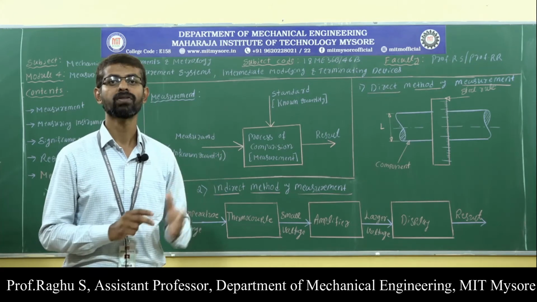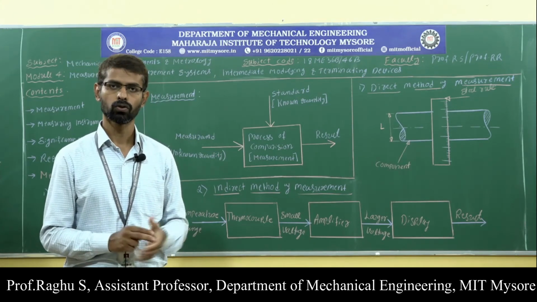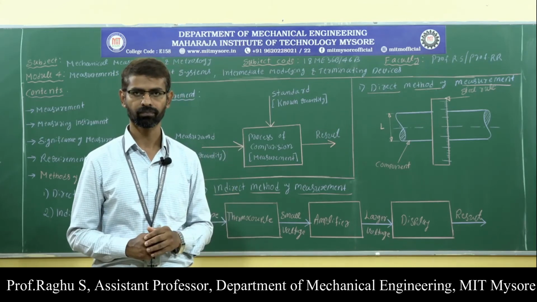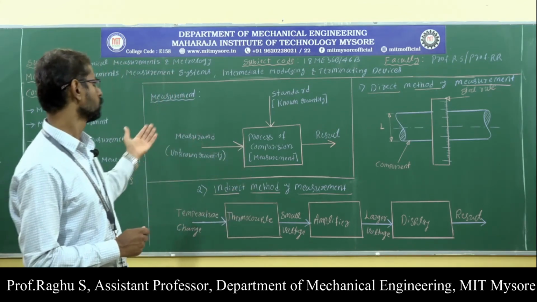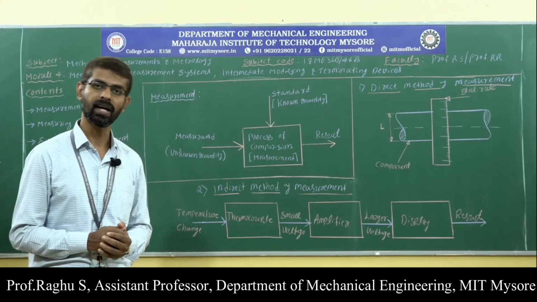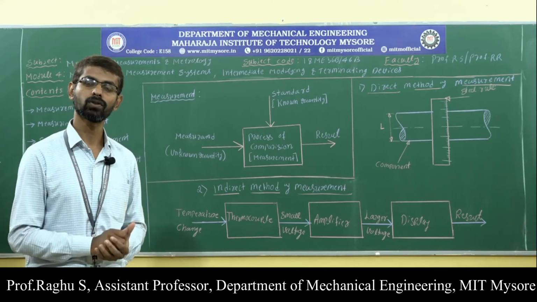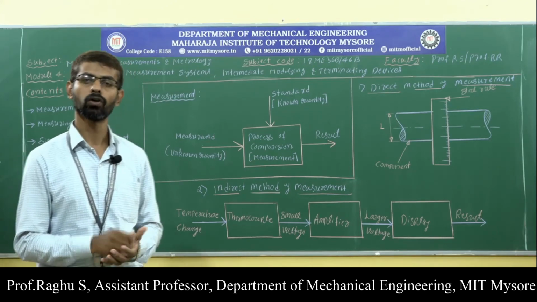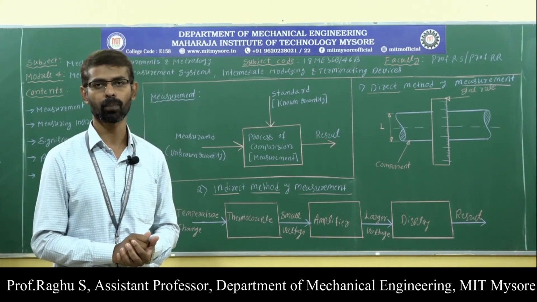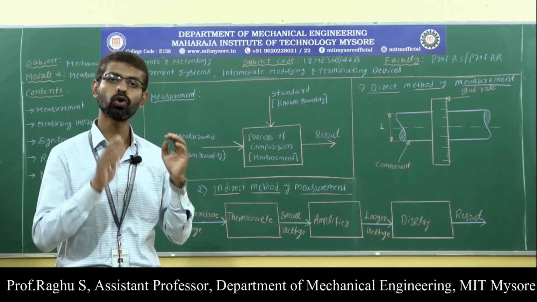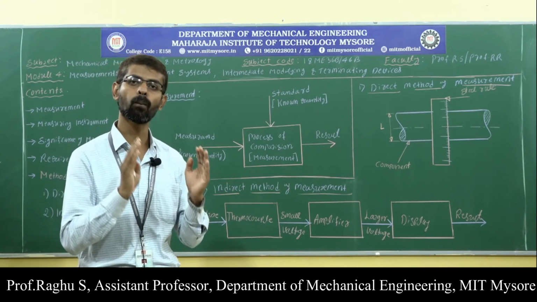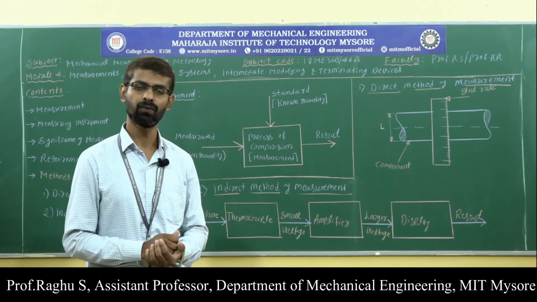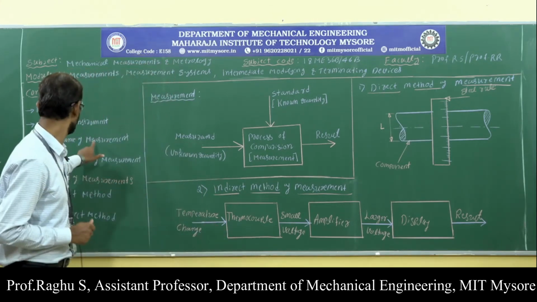These are some of the significance of measurement: to determine the dimensions of a component, in R&D activities, in control systems, in commerce to estimate the cost of the product, and to evaluate the performance of plants or processes.